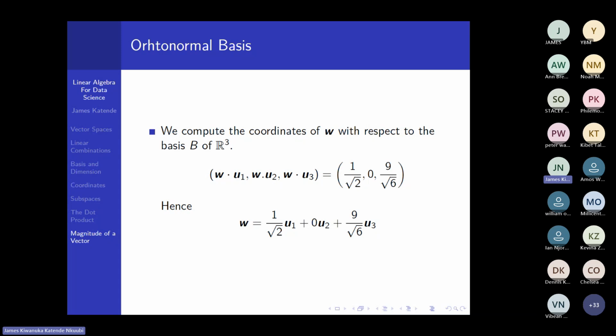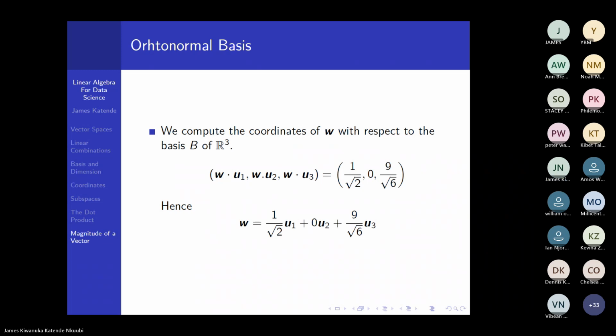Once you have the coordinates, it's possible to express W as a linear combination of the basis vectors, where these coordinates are your coefficients. So 1/√2 is the coordinate for the first vector, 0 for the second vector, and 9/√6 for the third vector.